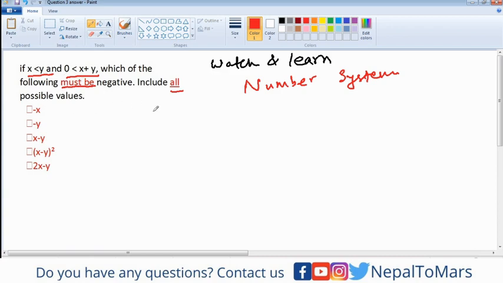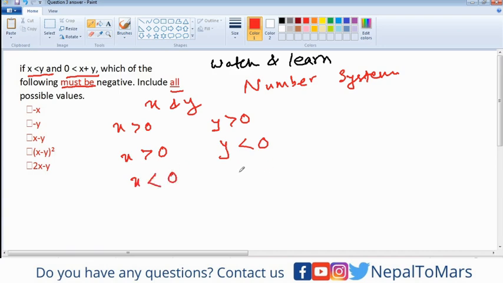So we have two numbers x and y. I can give you the different conditions of x and y. The conditions can be x greater than 0 and y greater than 0, or x greater than 0 and y less than 0, x less than 0, y less than 0, x less than 0, y greater than 0.